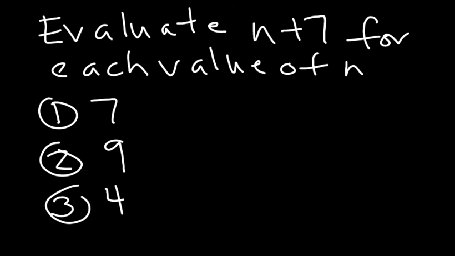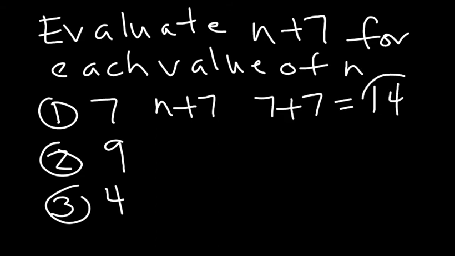So, there's going to be some problems like this. The directions say evaluate n plus 7 for each value of n. So for number 1, we're going to put 7 in place of n. So n plus 7, send in the substitute, 7 plus 7, and the answer is 14.